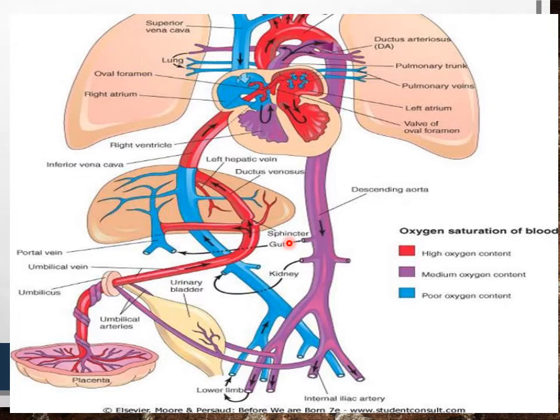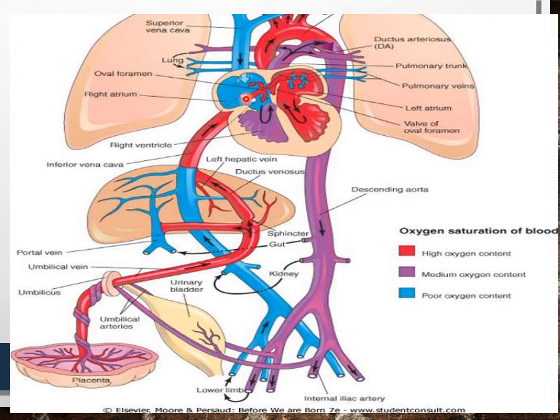So there are areas where this saturated blood is going to mix with the venous blood. There is a mixture at the time when blood is returning from the portal system, here at this area of the liver in the ductus venosus. Some portal venous blood is returned here, so it mixes with the saturated blood.